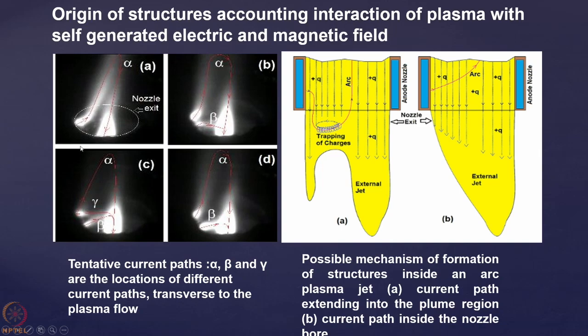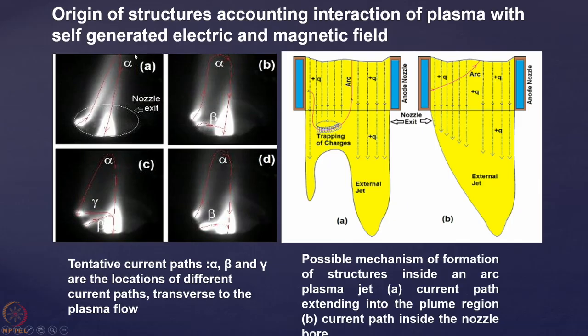This is basically showing the highest intensity zone of the plasma, and naturally it is the current carrying zone. So the current path is presented by this highest intensity zone. You can understand the electrons are emitted from the cathode, so they are moving in the upward direction, so the current direction will be just opposite to that as per the convention.